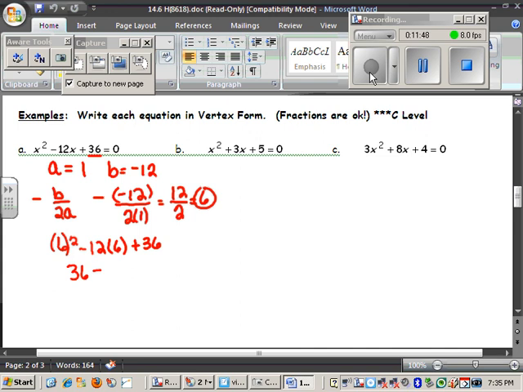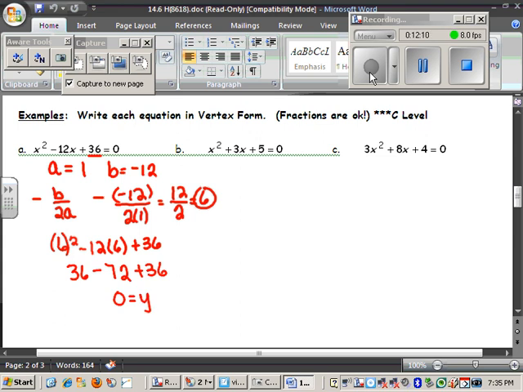Minus 12 times 6 is 72. And that would be plus 36. 36 minus 72 will be a -36. Plus 36 would be 0. So my y value here is 0.